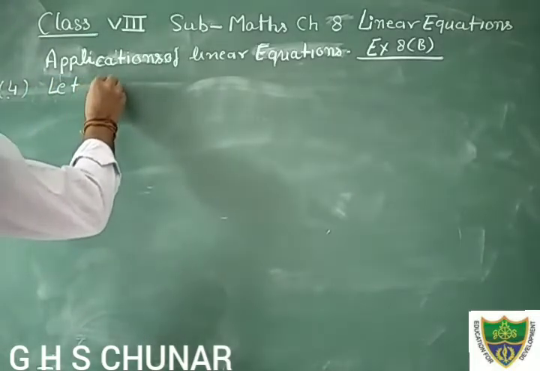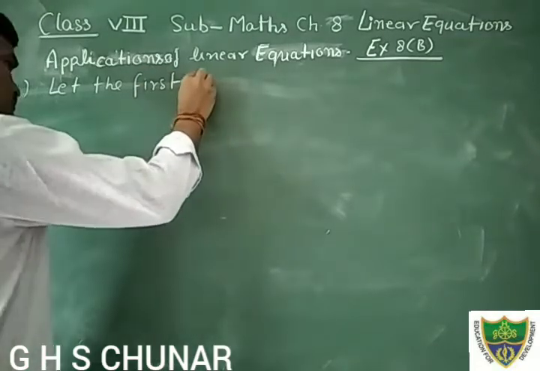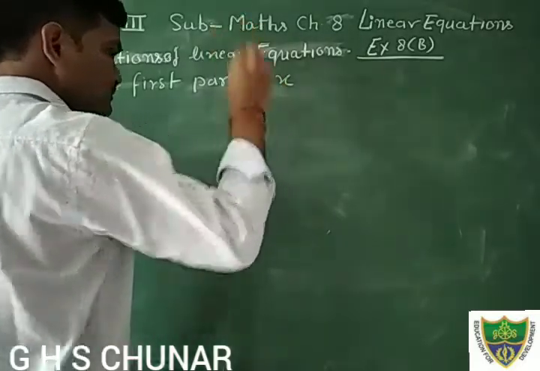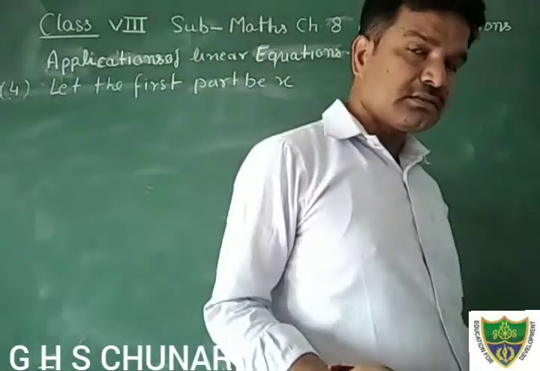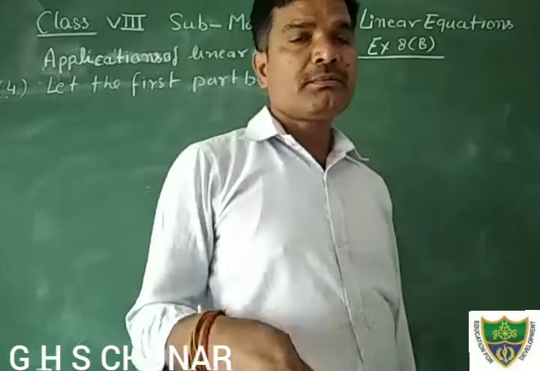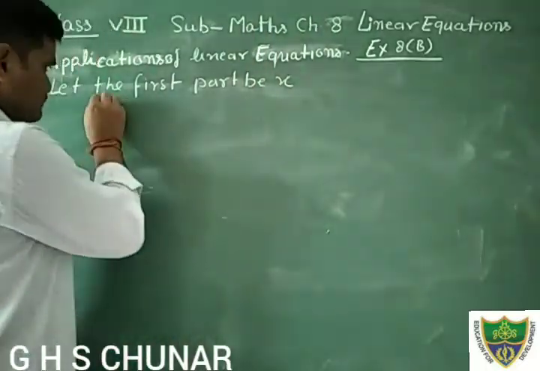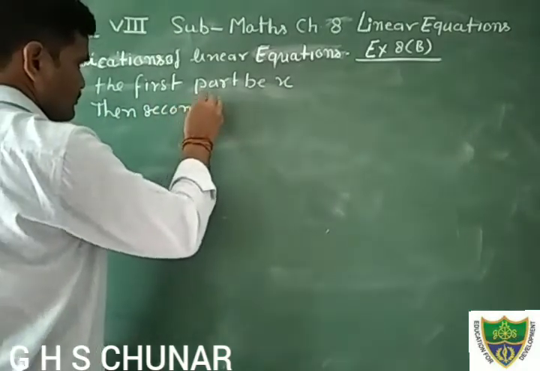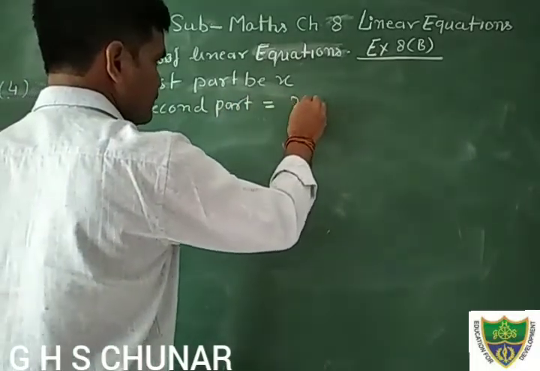Let the first part be x. Now 24, who will divide it into 2 parts? If the first part is x, then the second part is 24 minus x.